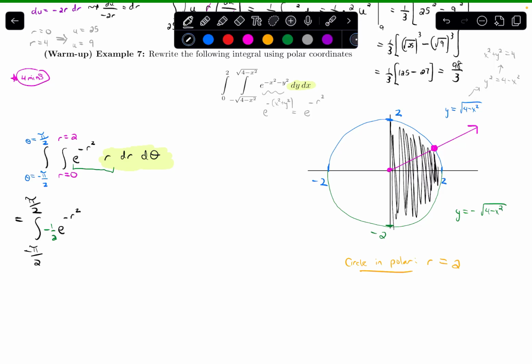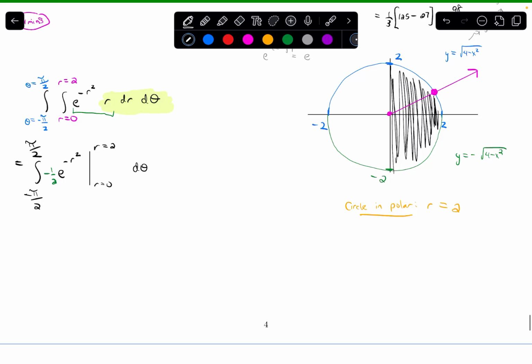That's my antiderivative. I then got to plug in r equals 0 and r equals 2, and then d theta on the outside. So now when I plug in, I have the outer integral from negative pi over 2 to positive pi over 2. When I plug in, I'll get negative 1/2 e to the negative 4, and then minus, when I plug in 0, I'll put parentheses, negative 1/2 e to the 0 is 1, so just negative 1/2.